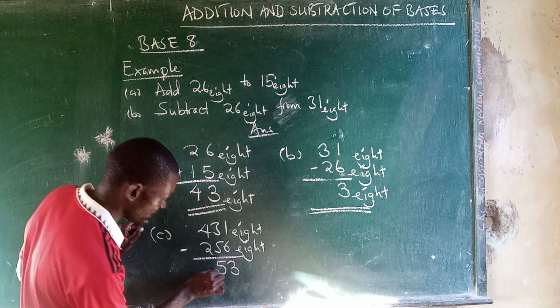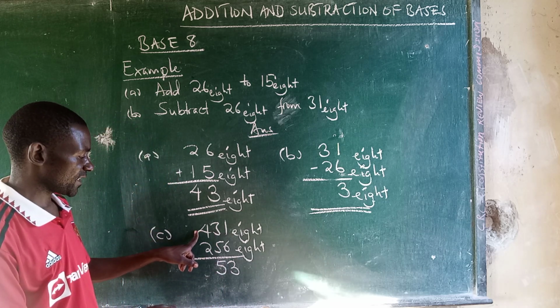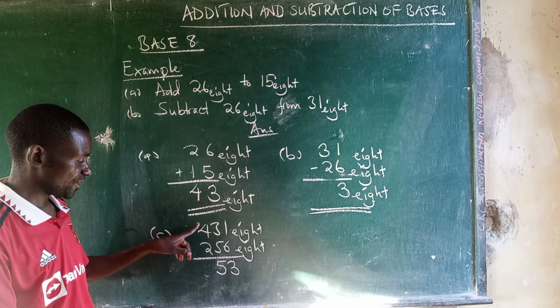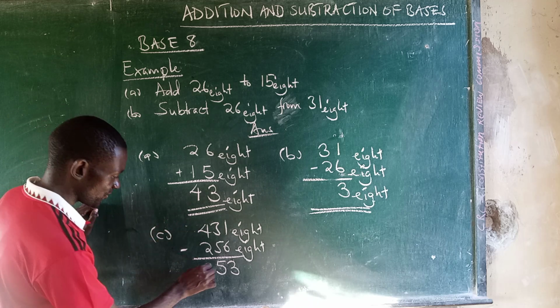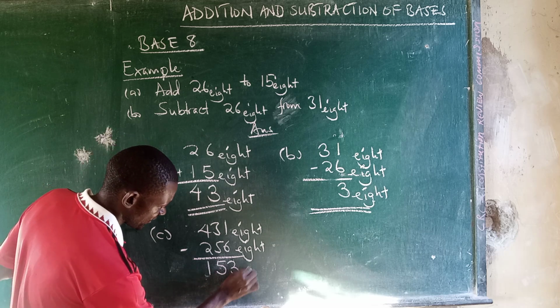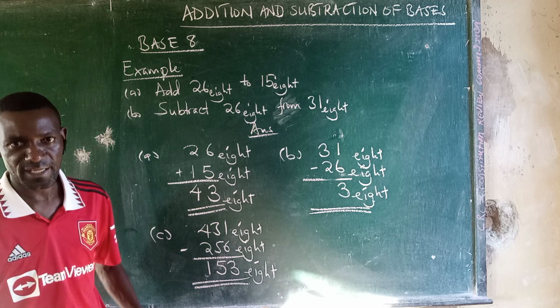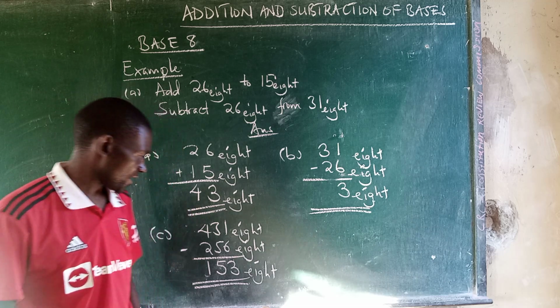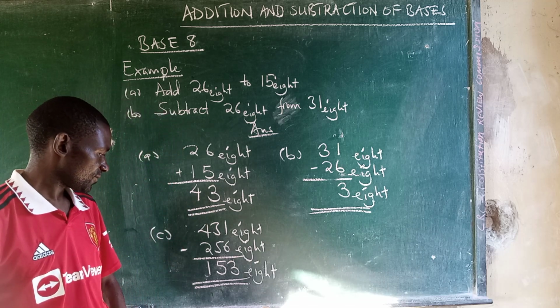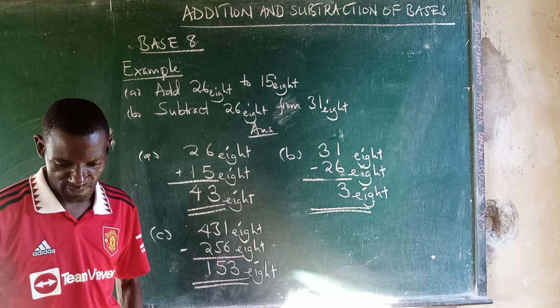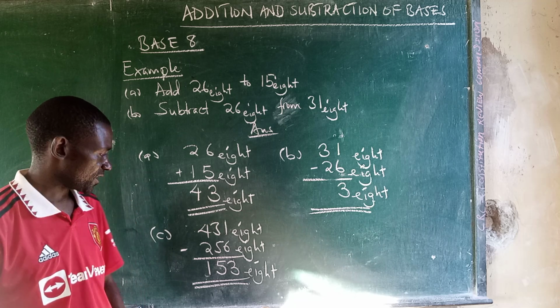We'll write 5 here. And then here, there are now 3 that are remaining. From the 3, if we subtract 2, we are getting 1. Then we see 175 base 8. That will be our answer if we do our subtraction.